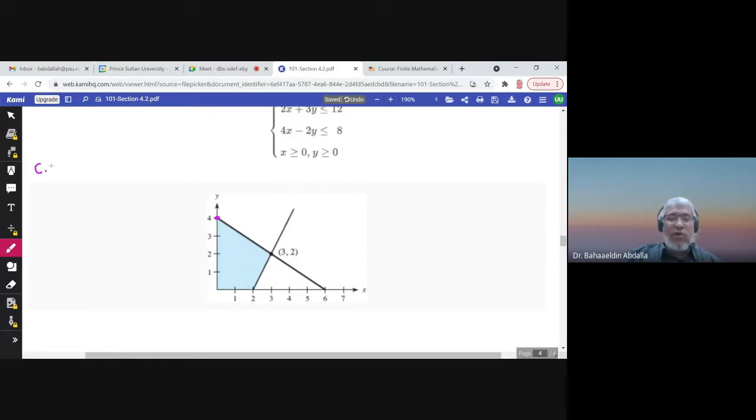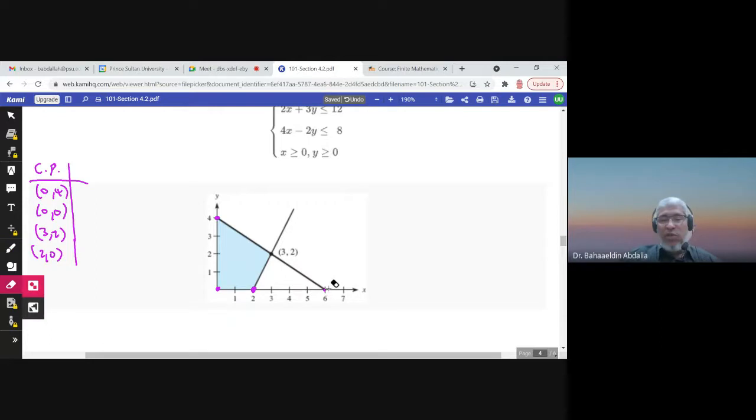So corner points: (0, 4), this is (0, 0), (3, 2) is the intersection point, and this point is (2, 0). (6, 0) is not a corner point of the feasible region.